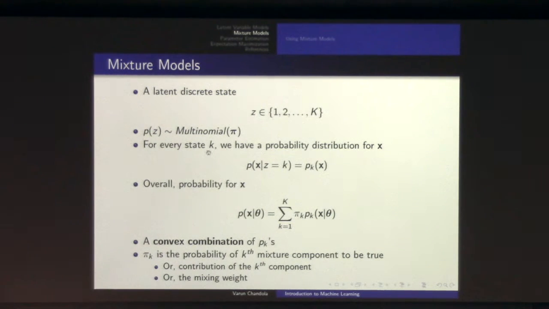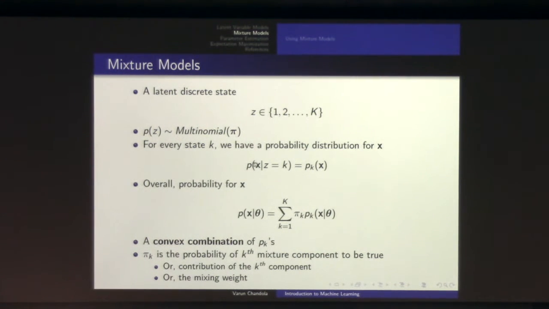So the way this mixture model works is that if we knew z, then for every possibility of z, there is some probability distribution for x, okay? And so it is written as this conditional distribution, of course.